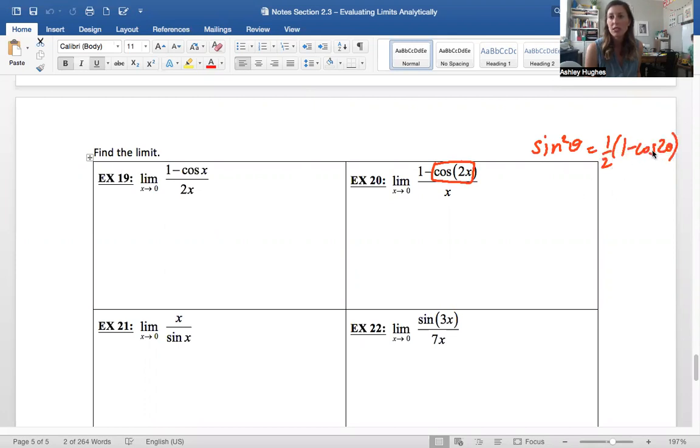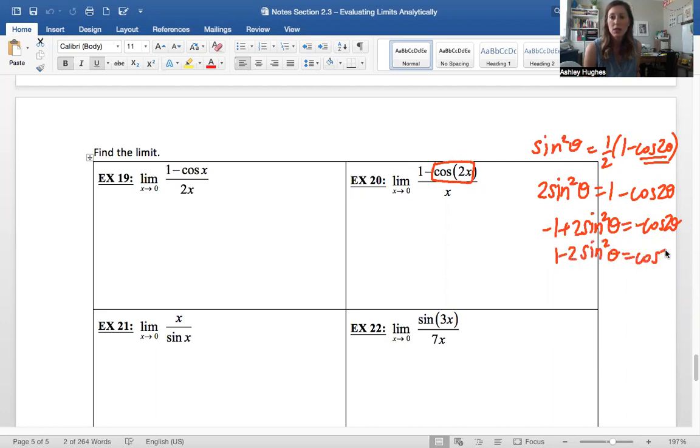And if we rearrange this to solve, multiplied by 2, so 2 sine squared theta equals 1 minus cosine 2 theta, and then subtract the 1 equals negative cosine 2 theta, and then change all the signs. So 1 minus 2 sine squared theta equals cosine 2 theta.